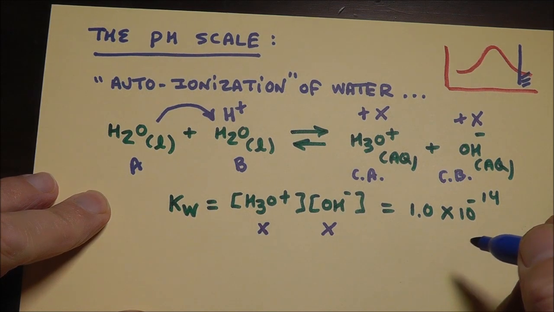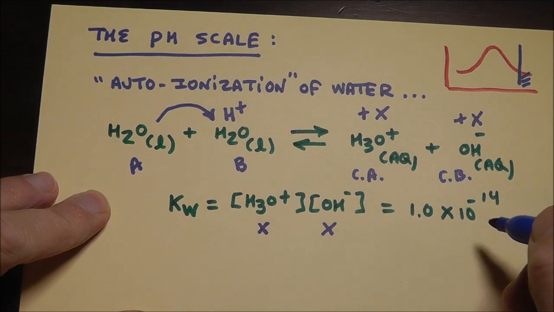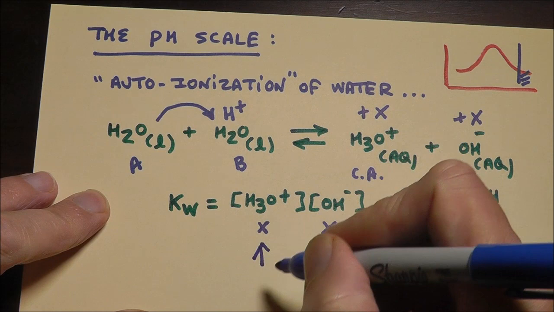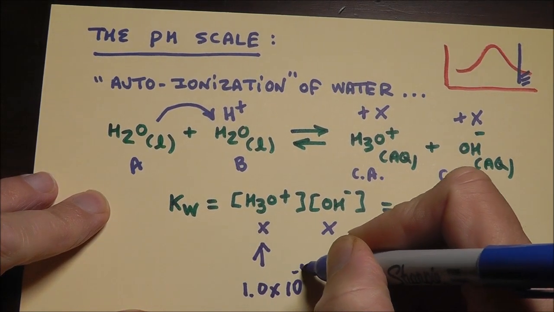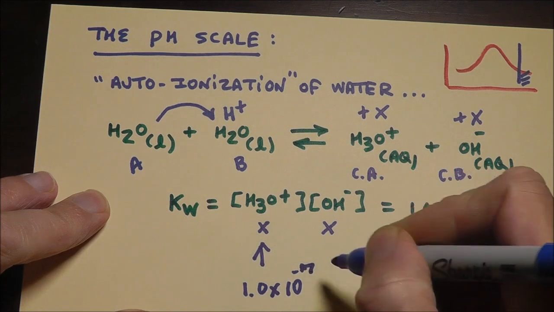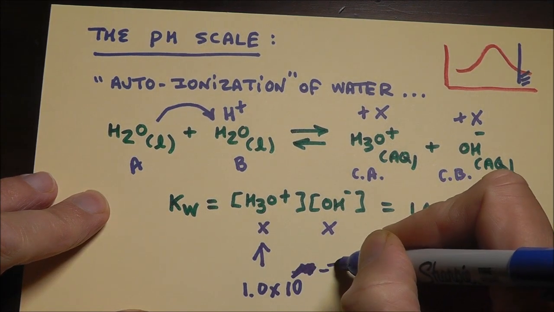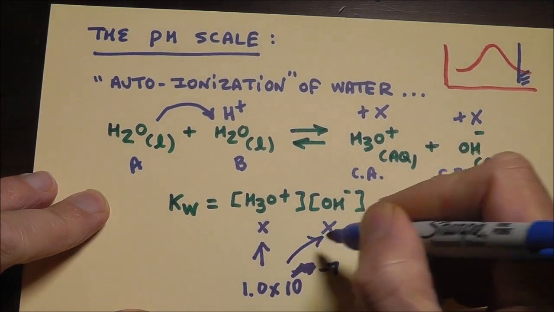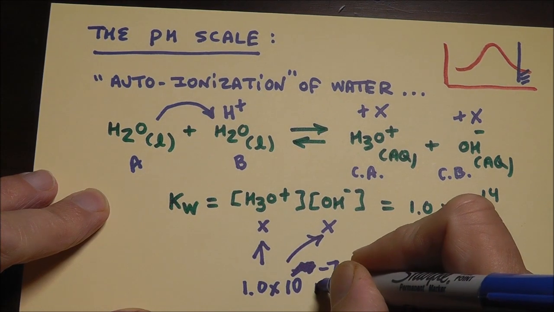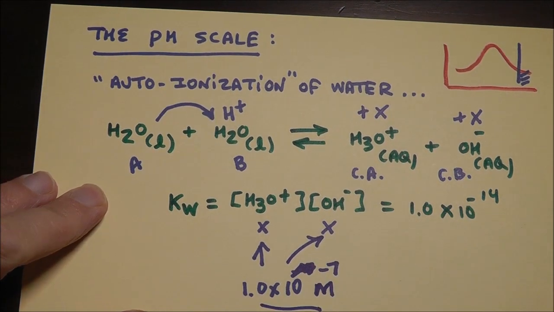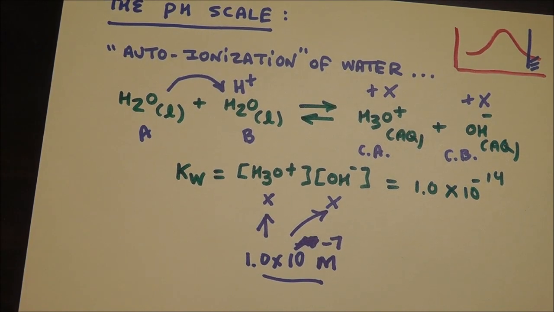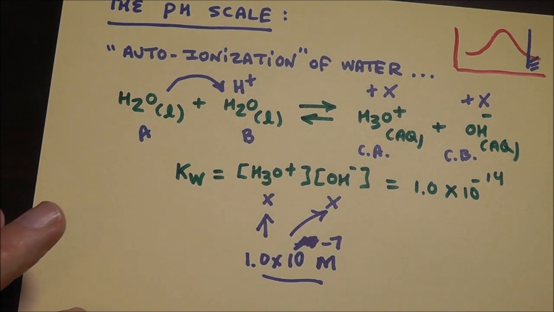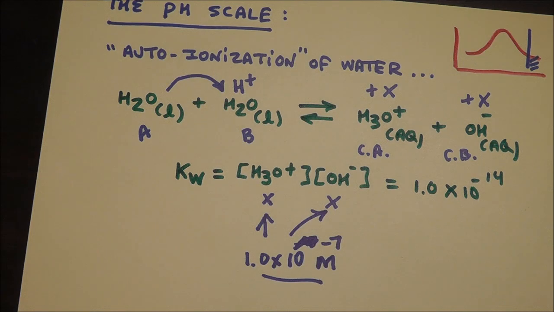If you take the square root of 1 times 10 to the minus 14, you would get a value of 1.0 times 10 to the minus 7 for each of these. And that would be 1.0 times 10 to the minus 7 moles per liter in pure water. Now, that's what we call neutral, if it's just pure water.